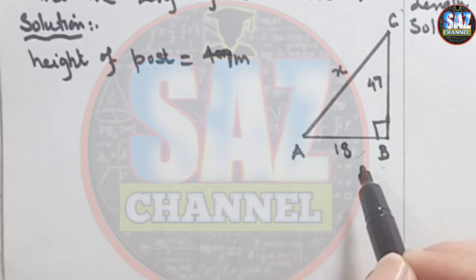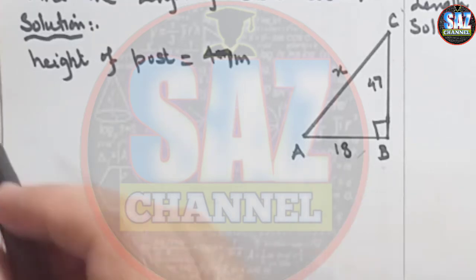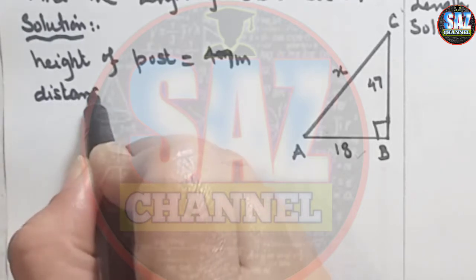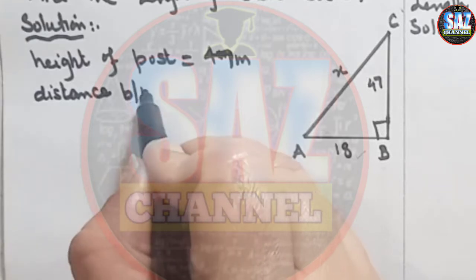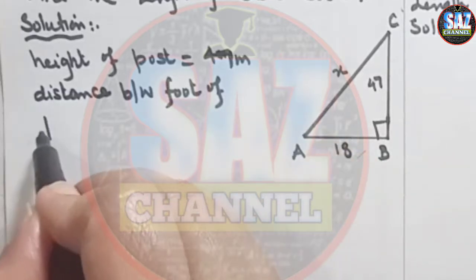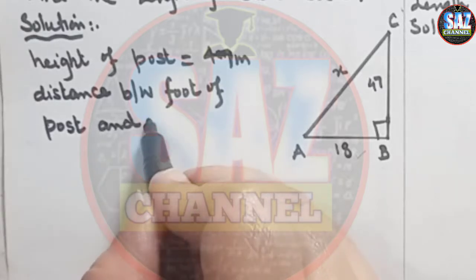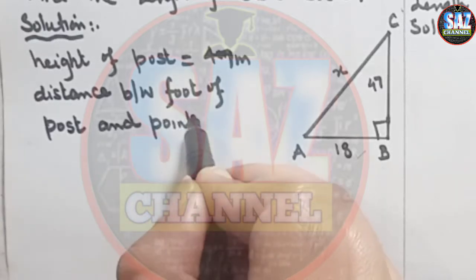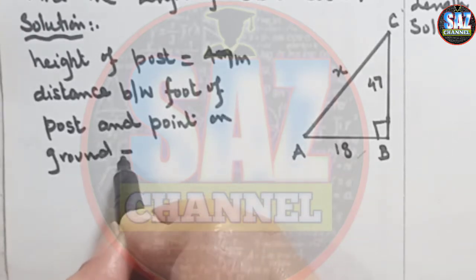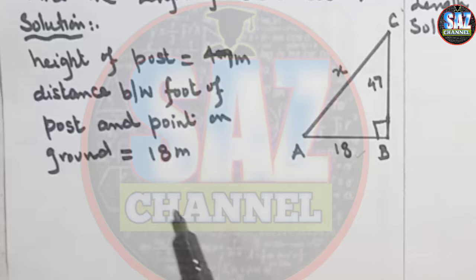So the distance between the foot of post and the point on level ground is 18 meters.